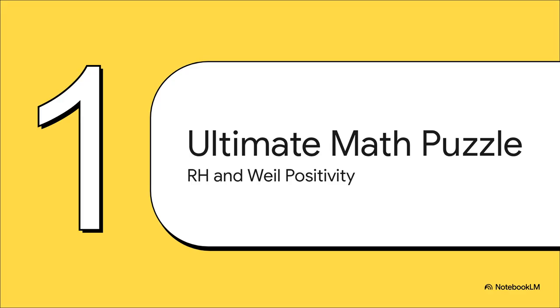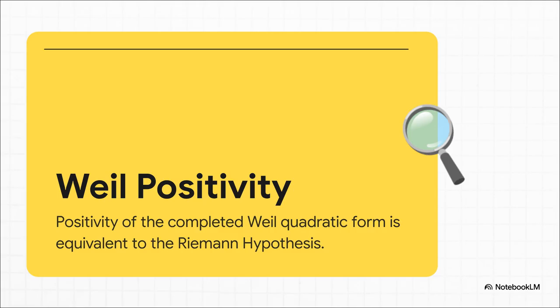Section 1. The ultimate math puzzle, the Riemann hypothesis and Weil positivity. Okay, to really understand the trap we're talking about, we first have to wrap our heads around Weil positivity. There's something called the Weil explicit formula, which essentially transforms the zeros of the zeta function into a distributional identity involving primes. But here's the catch, and it's a big one.